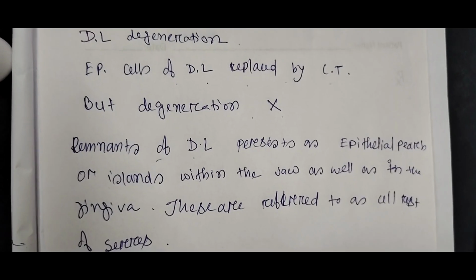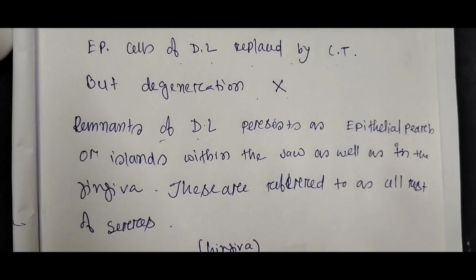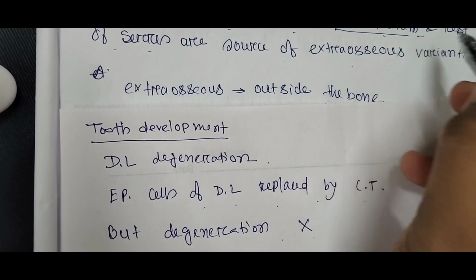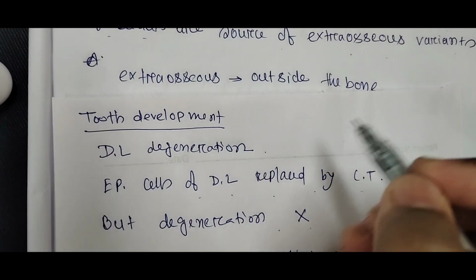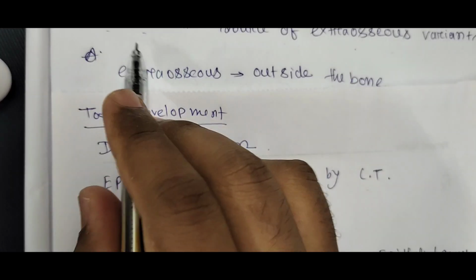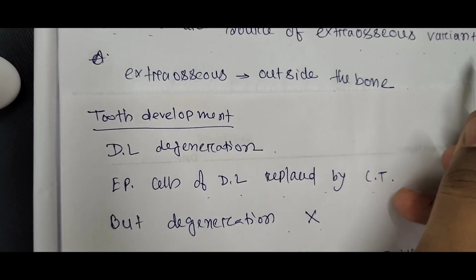And surface stratified squamous epithelium: what is this? It is the covering stratified squamous epithelium. So from these details we can say that these two are the extraosseous variant lesions.